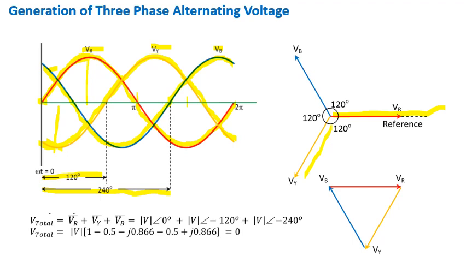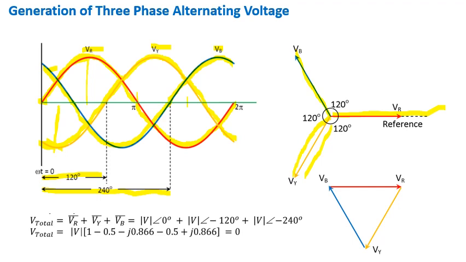Y phase voltage lags behind R phase voltage by 120 degrees and B phase voltage lags behind R phase voltage by 240 degrees, or in other words, B phase voltage leads R phase voltage by 120 degrees.